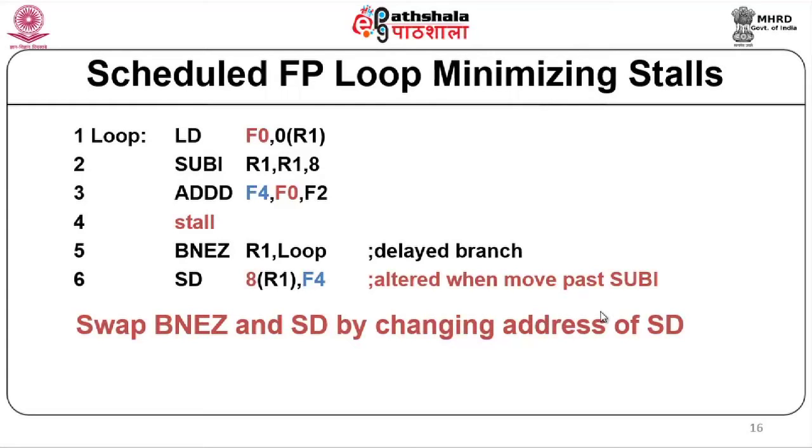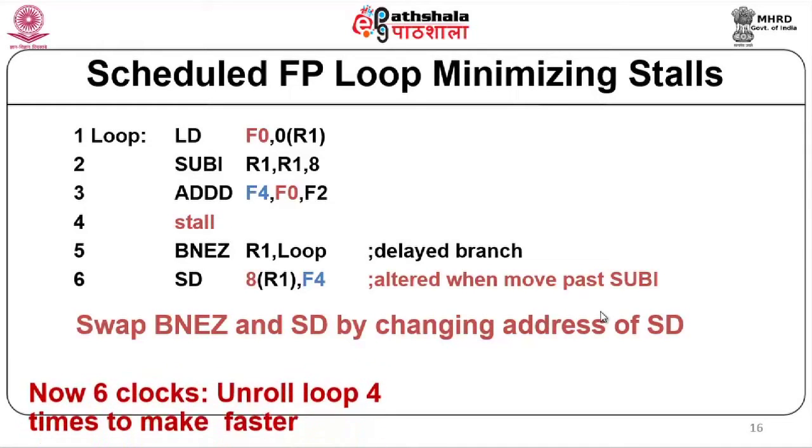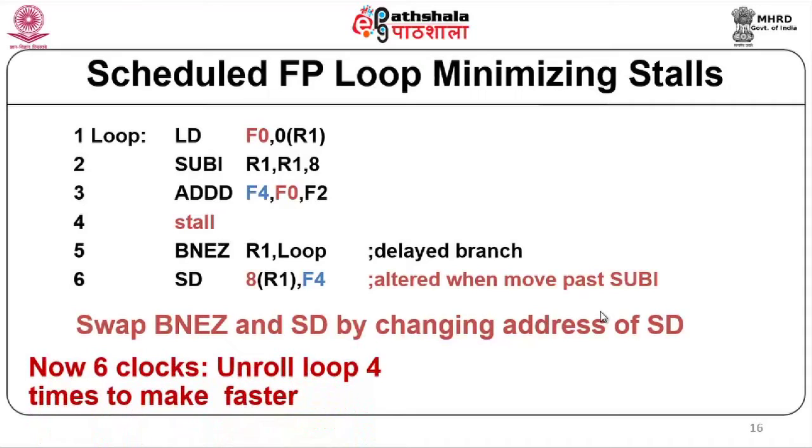With just a simple way of modifying the address in your store instruction and reorganizing the code, we were able to get a better schedule compared to the original. This is the first compiler technique that we are looking at. So reorganizing the code will definitely lead to a better schedule. Now we have only 6 clock cycles to execute this loop as against 10 clock cycles that we discussed earlier.